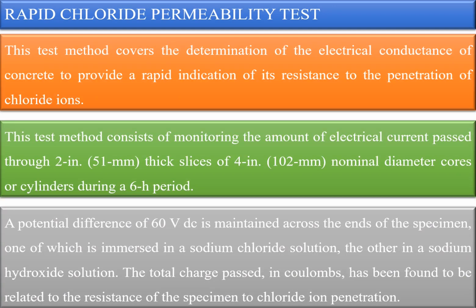So this test method covers the determination. A potential difference of 60 volt DC is maintained across the ends of the specimen, one of which is immersed in sodium chloride solution and the other in sodium hydroxide solution. A total charge passed in coulombs has been found to be related to the resistance of the specimen to chloride ion penetration.